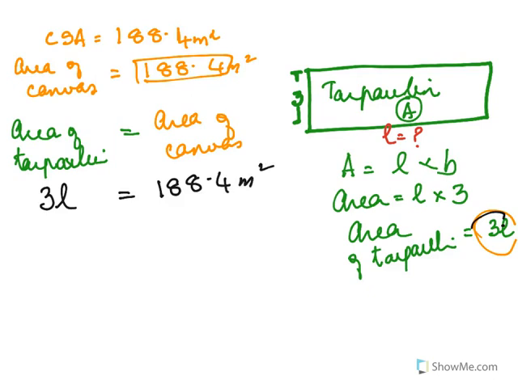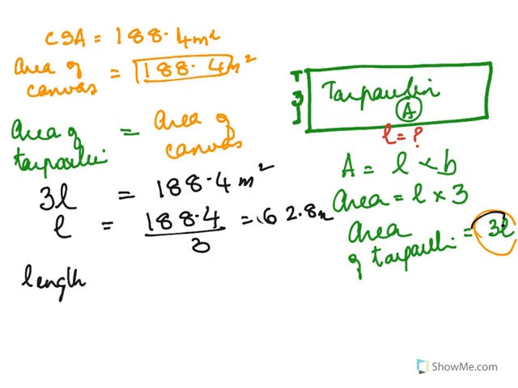These two should be equal, both the areas. So my length will be equal to 188.4 over 3. And that works out to be 62.8. So the length of tarpaulin required is 62.8.